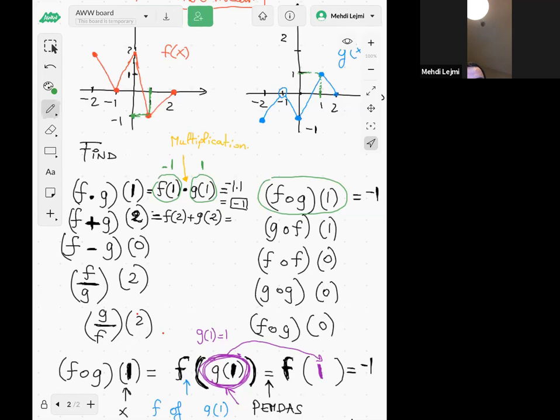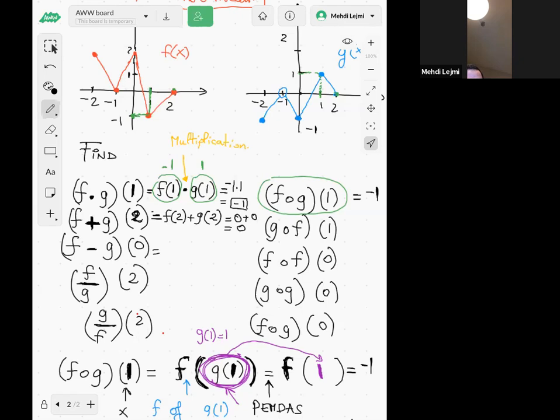Well, it's just 0. So that would be equal to 0 plus, and then g of 2 is also 0 because, as you can see here, we are at 2, and so g of 2 is 0. So this is 0 plus 0, which is equal to 0.